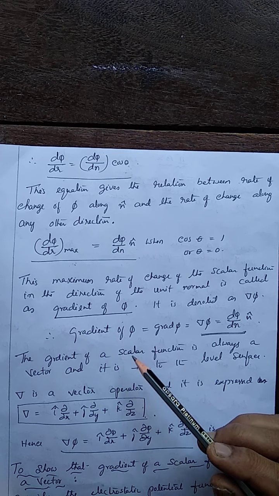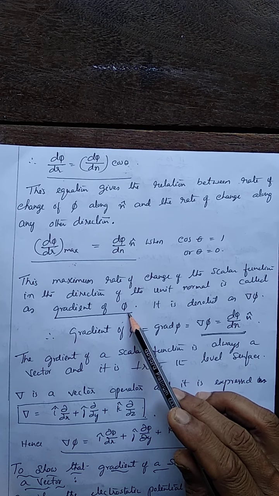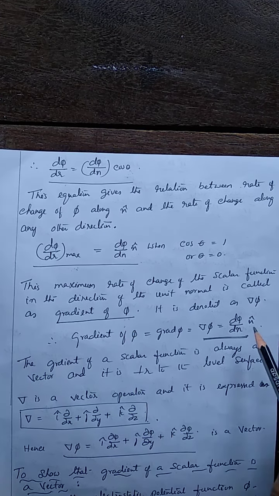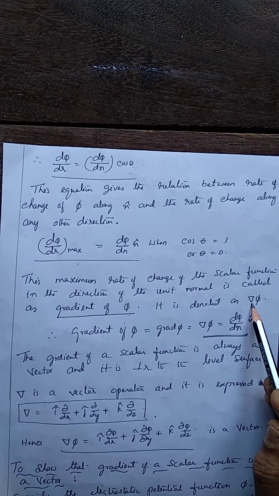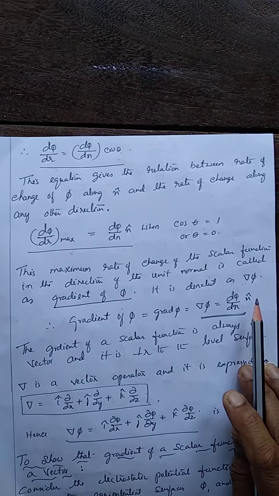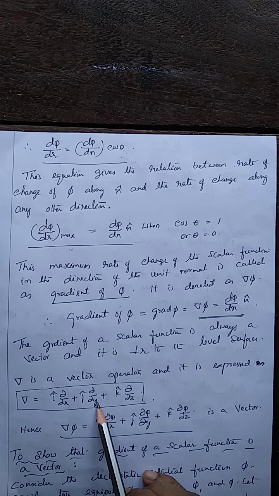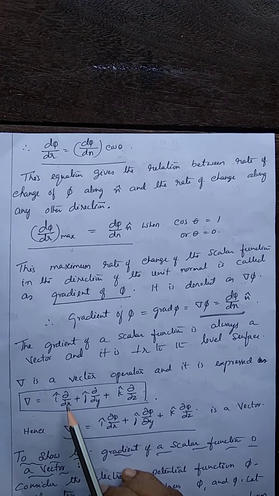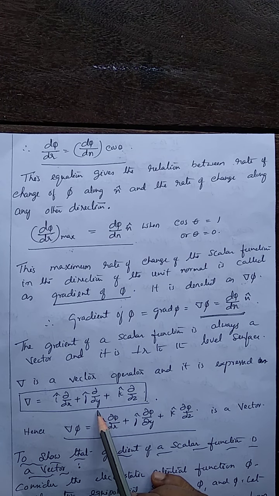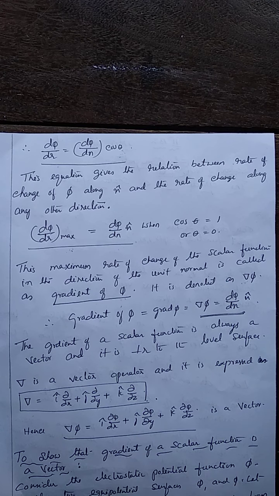The gradient of a scalar phi is denoted as del phi. This del is an operator, a vector operator given by i cap delta by delta x plus j cap delta by delta y plus k cap delta by delta z.